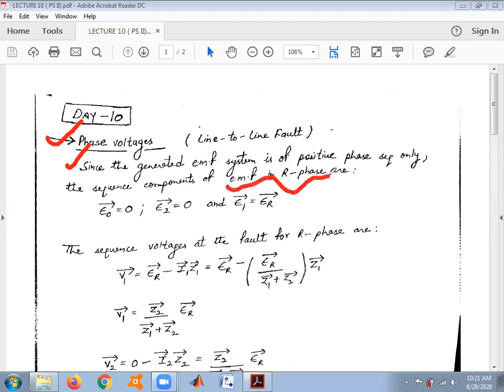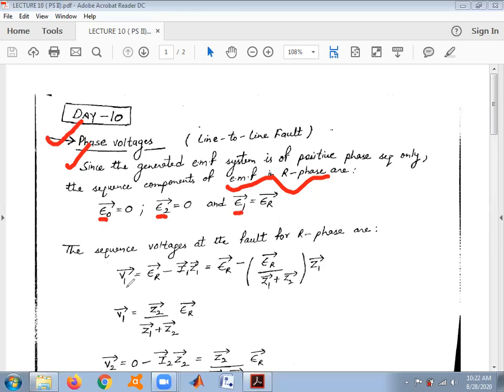For the analysis purpose, besides the assumptions, we are also using the symmetrical component method. The EMF for the zero sequence component is zero and for the negative sequence component is zero. When doing the assumptions, I stated we have to assume the EMF across the positive phase sequence only. That is E1 equals ER. The other two sequence component EMFs are zero.